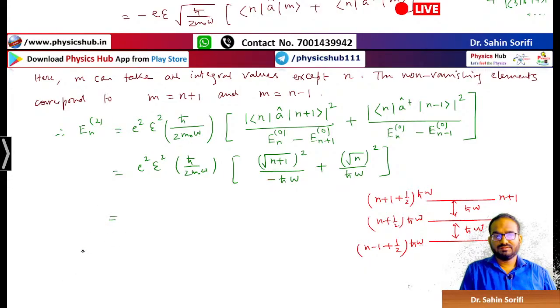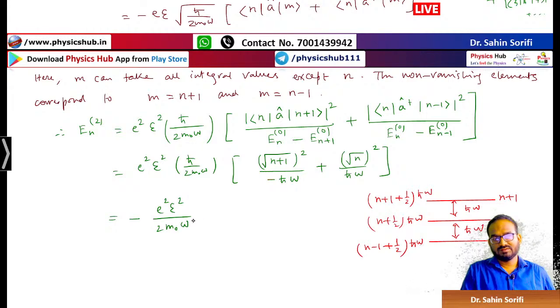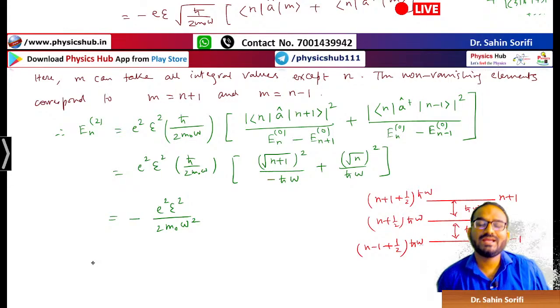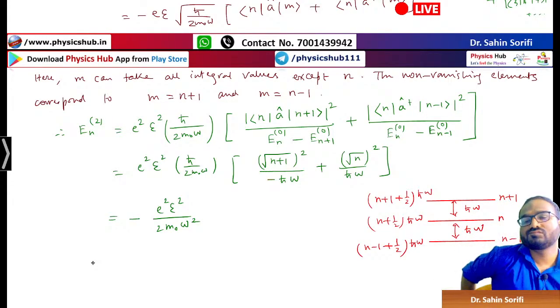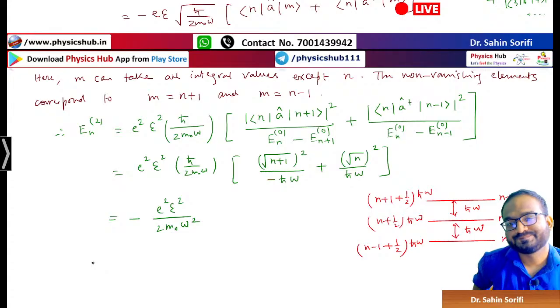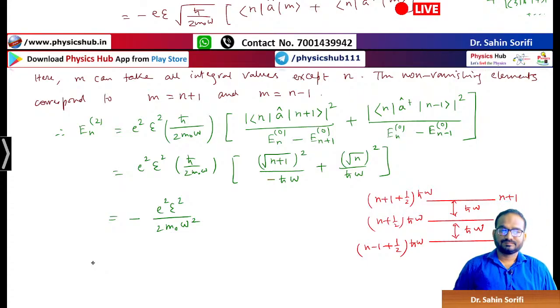And this is equal to, as you can see, if I take ħω common, minus e squared by 2 m_0 ω squared, times n plus n minus n minus 1. This is matching with option C.